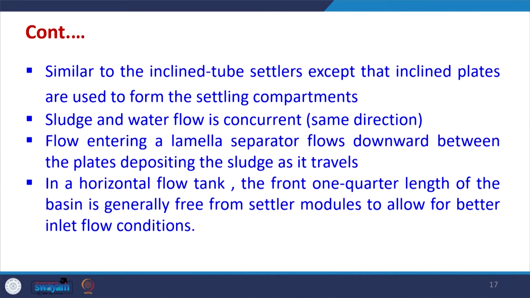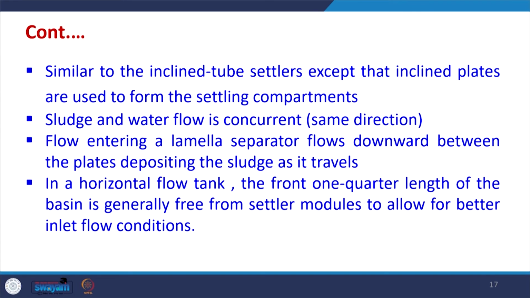Now, similar to the inclined tube settlers, except that inclined plates are used to form the settling compartments. Here again the inclination is there. Sludge and water flow is concurrent, in the same direction. The flow entering a lamella separator flows downwards between the plates, depositing the sludge as it travels.